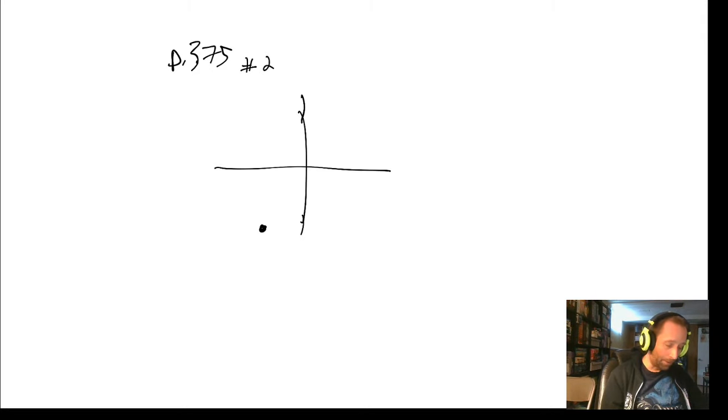We have the point -5, -8. What would happen if that point was applied to an absolute value function? Well, it would be reflected in the x-axis here. So what's going to happen is the x-coordinate will stay the same. This will still be at -5.